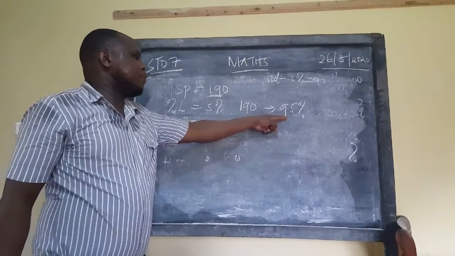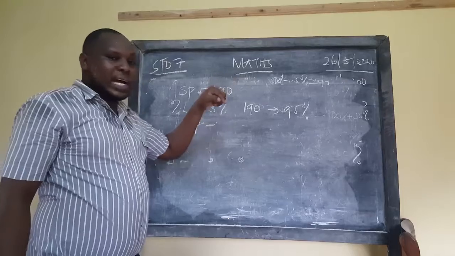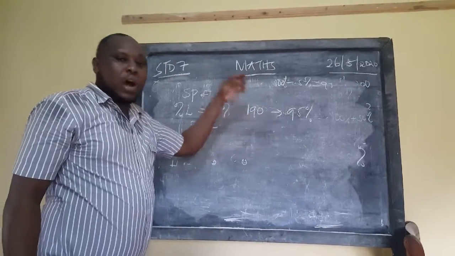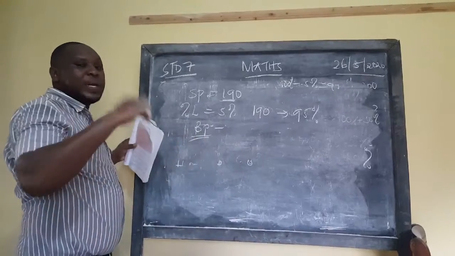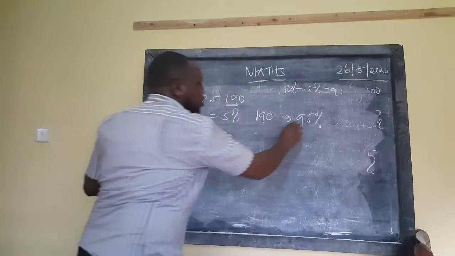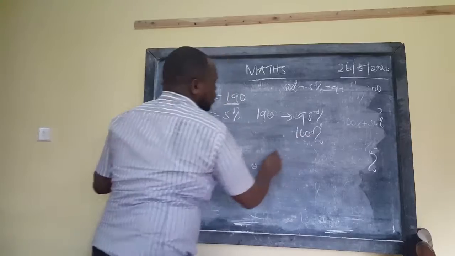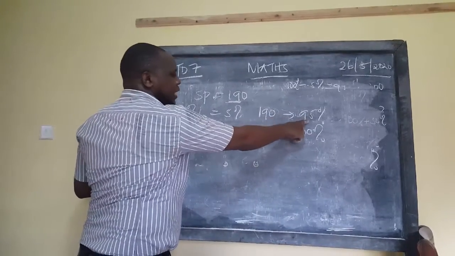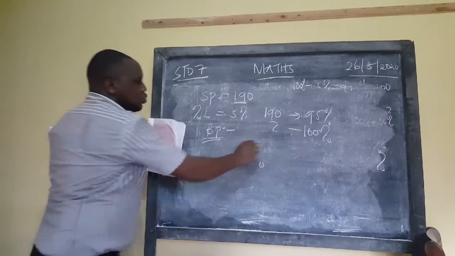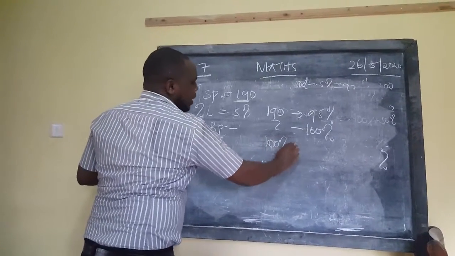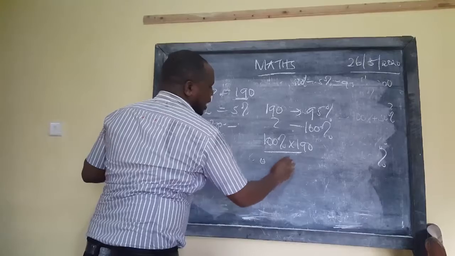Remember, for you to make a loss, you are selling lesser than how you bought it. So the buying price was more than the selling price. So if 190 was 95%, what about the buying price, which was 100%? So this is going to be 100% multiplied by 190 over 95.